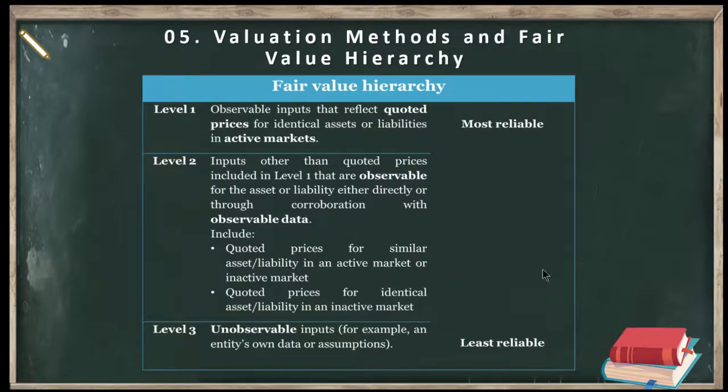And this would be the least reliable nga source or price for the price to be considered as fair value. Okay? So, kani ang pinakauna, pinaka-reliable, and this will be the least reliable.